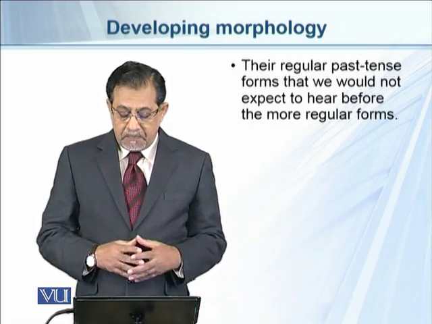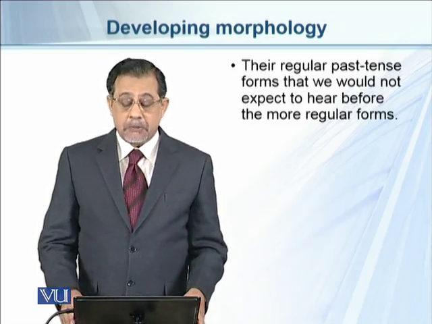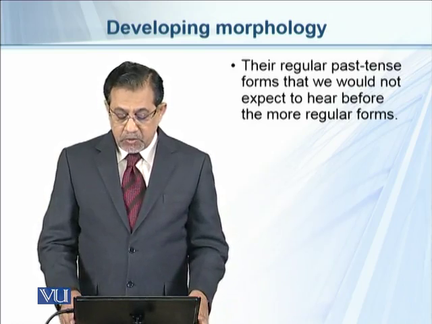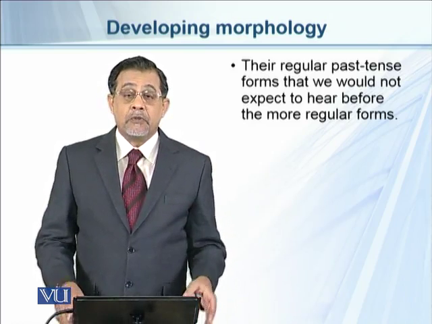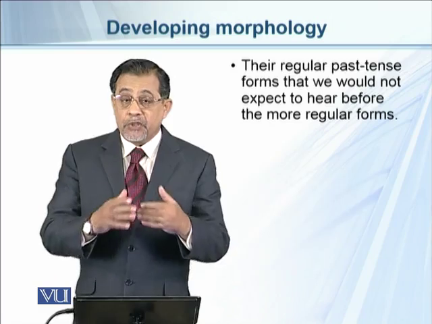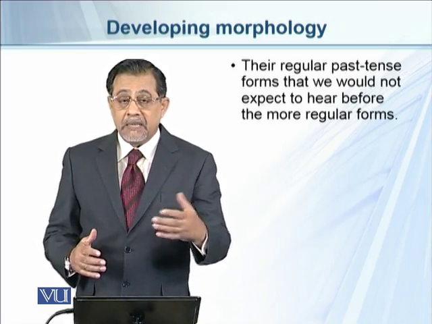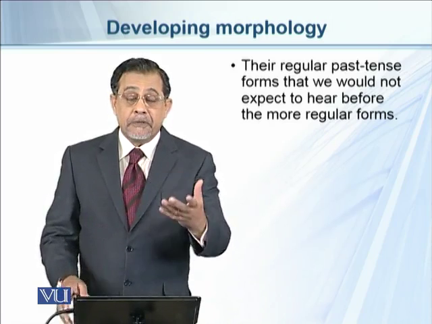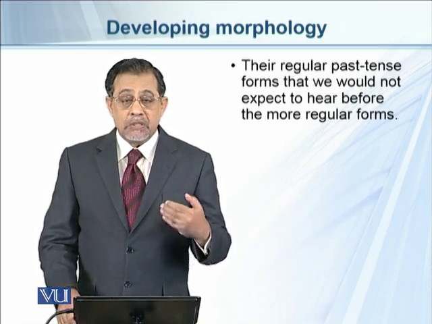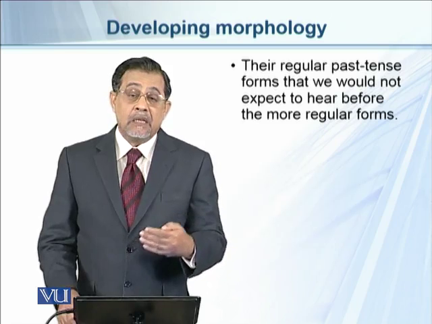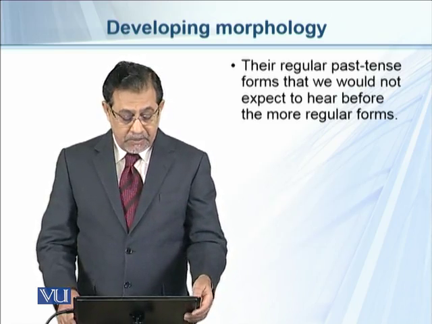These irregular past tense forms are ones we would hear before the regular forms. So the child uses the regular form with ed, like played and started, after he or she has learned to use went for go and came for come, the irregular forms.